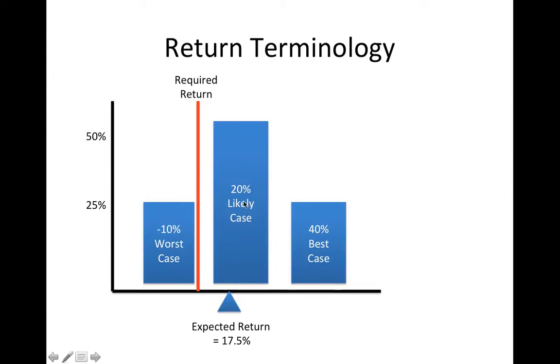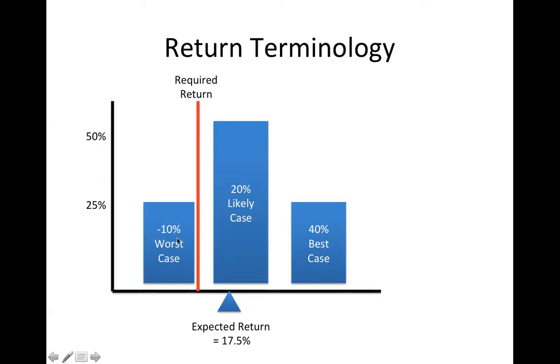Second possible outcome is that you get a 20% return each year, and there's 50% likelihood of that. And so whatever you pay in, you'll get 20% back each year on average. And then the last scenario, the best case, is that you might get a 40% return.